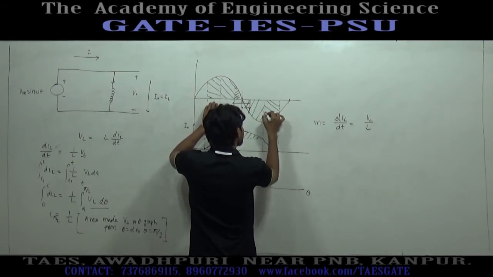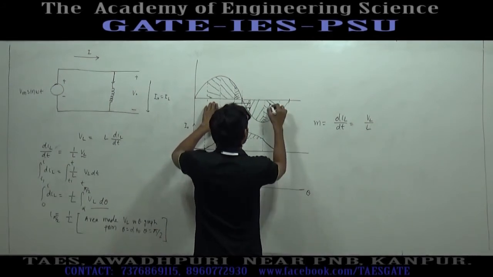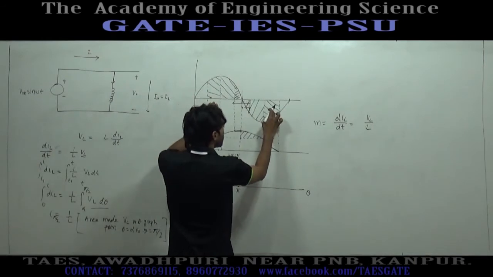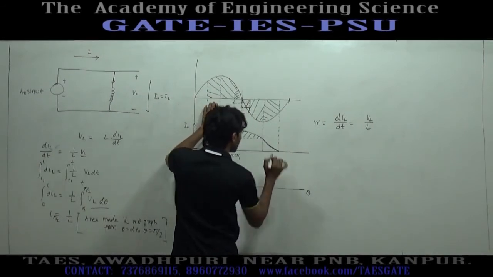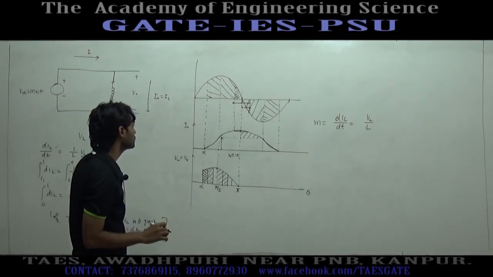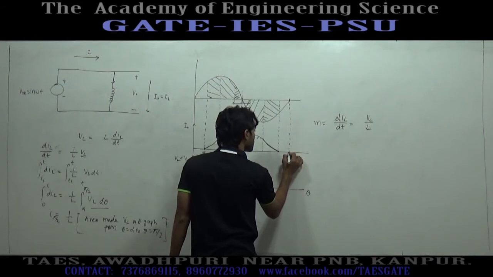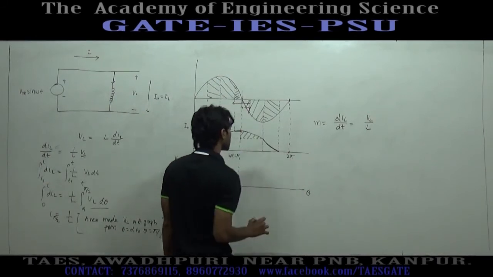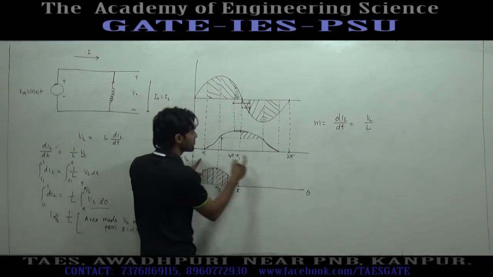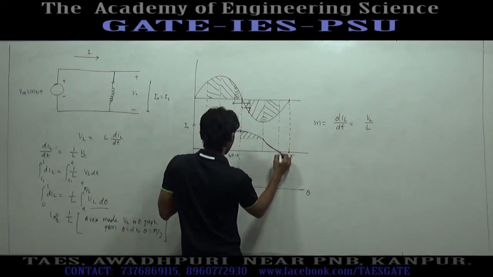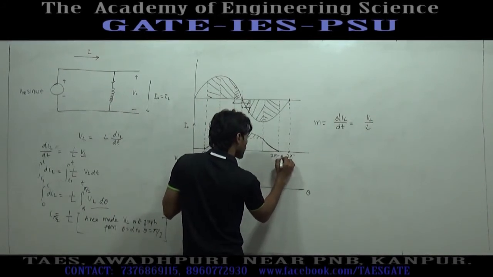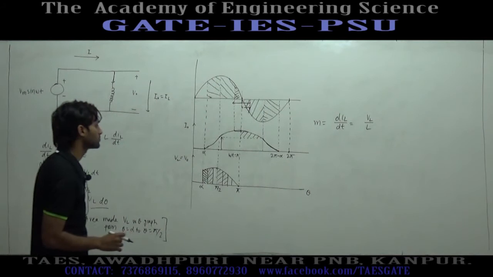This area is equal to this much area. So, after this much time the current will become 0. This is equal to 2 pi. If this is alpha, by symmetry we can see that this angle is 2 pi minus alpha.